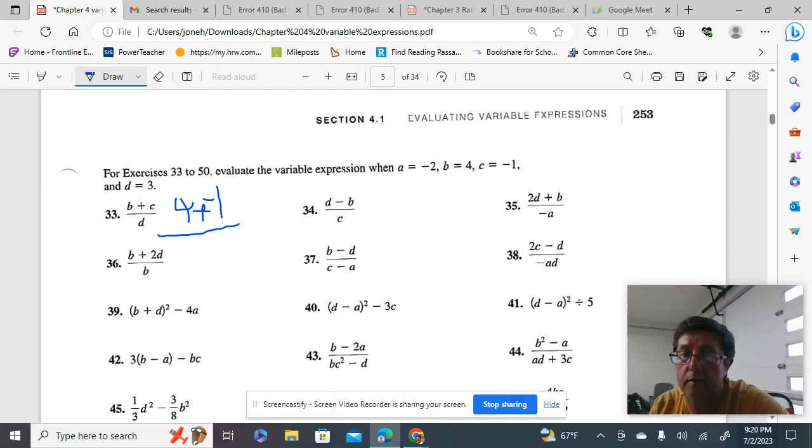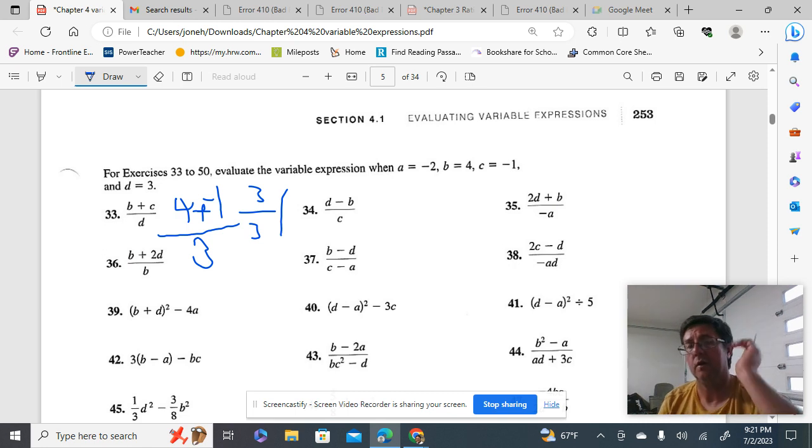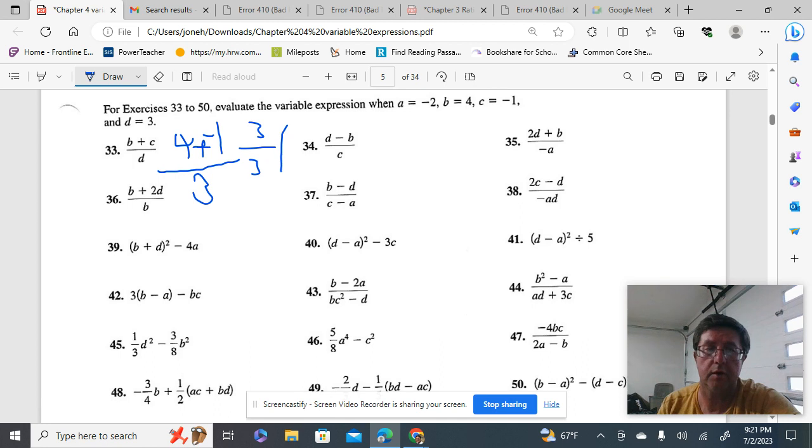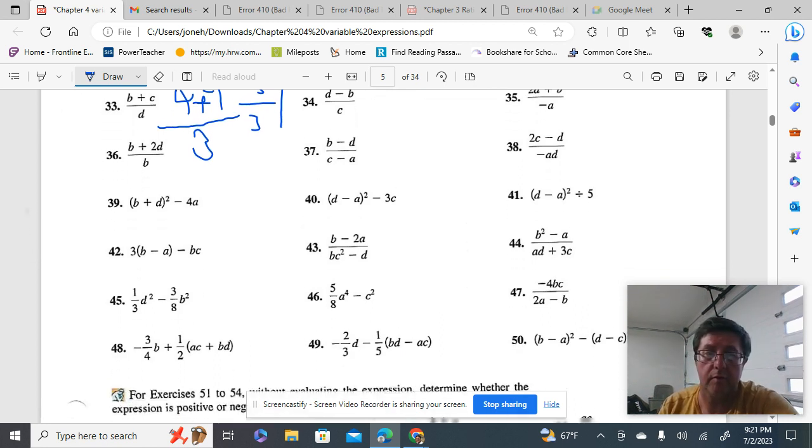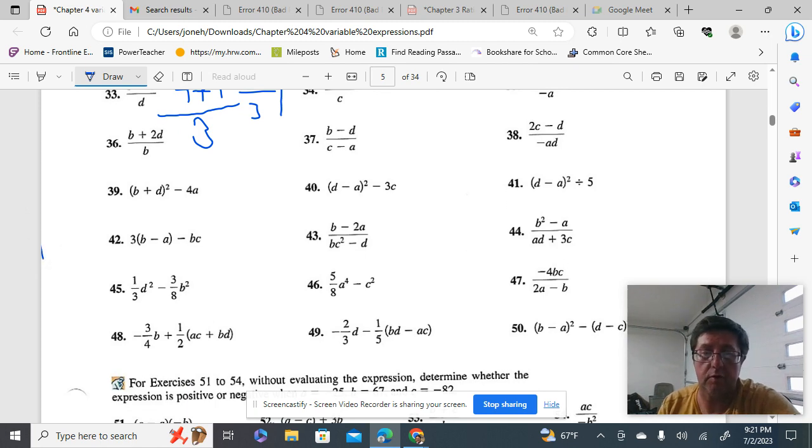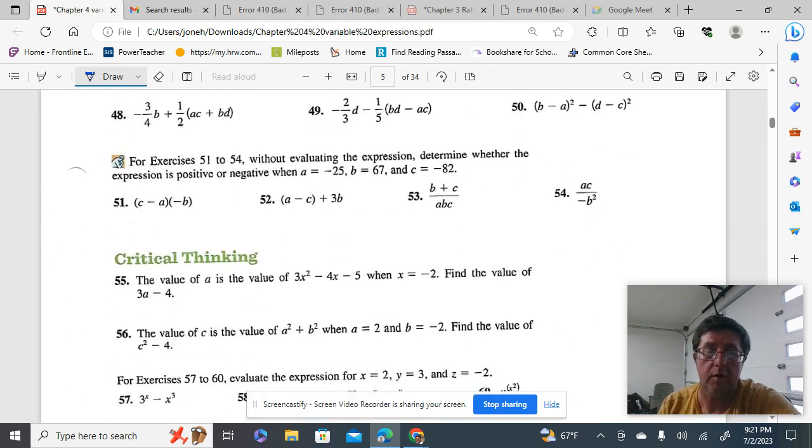So 4 plus -1, and over D, which D is 3. So you do 4 plus -1, you get 3. Put it over 3. 3 divided by 3 is 1. Okay, so just write all of these out. I would do that first, and then just go over and do them with your calculators. Okay.